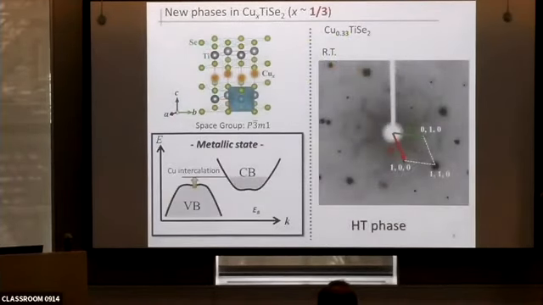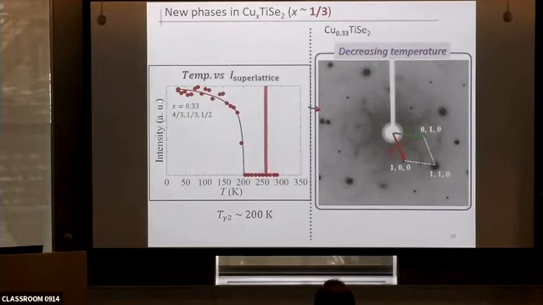This is an X-ray diffraction photograph of the a*b* plane at room temperature. There are Bragg peaks and a characteristic diffuse scattering pattern in the a*b* plane. The unit cell size in the ab plane is almost the same as pristine titanium diselenide. Decreasing the temperature, the diffuse streaks condense into spots.